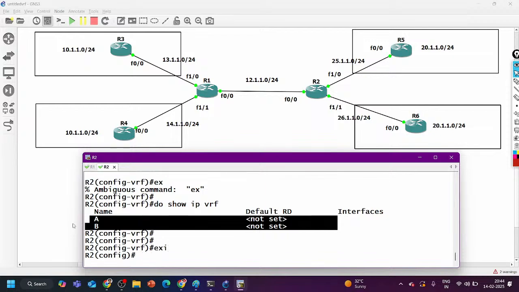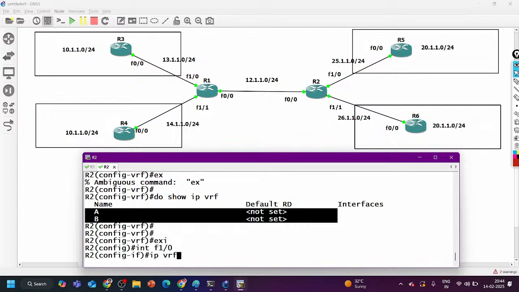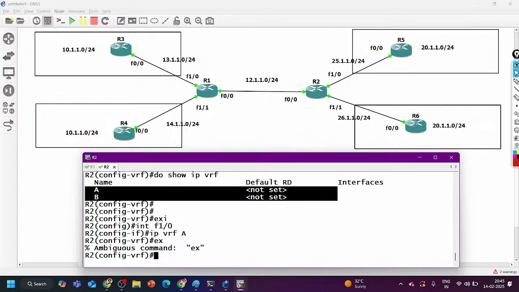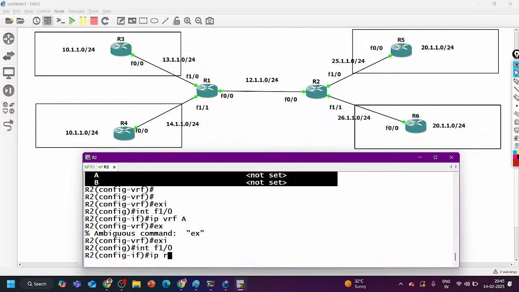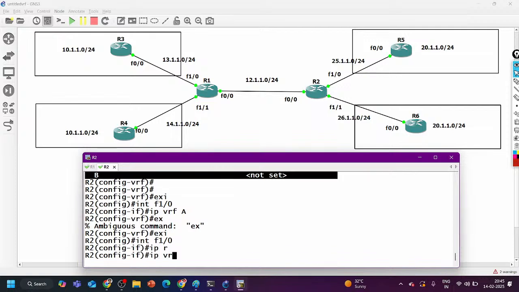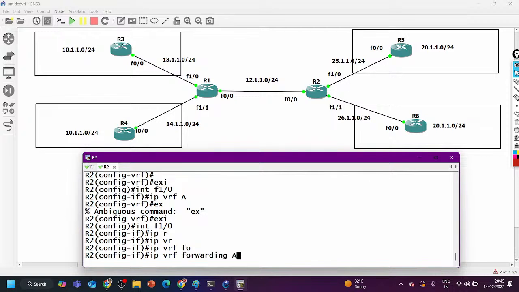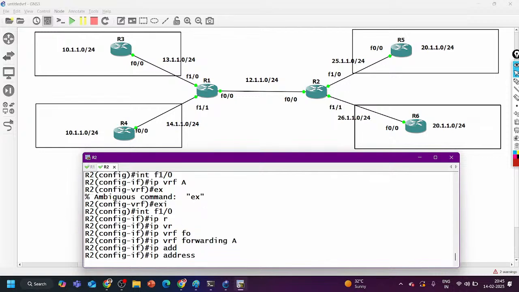Now here you can see on router number 2, I have VRFs, but again there are no interfaces. So let me put the interfaces. Interface f1/0, ip vrf forwarding A, and ip address 25.1.1.x 255.255.255.0.